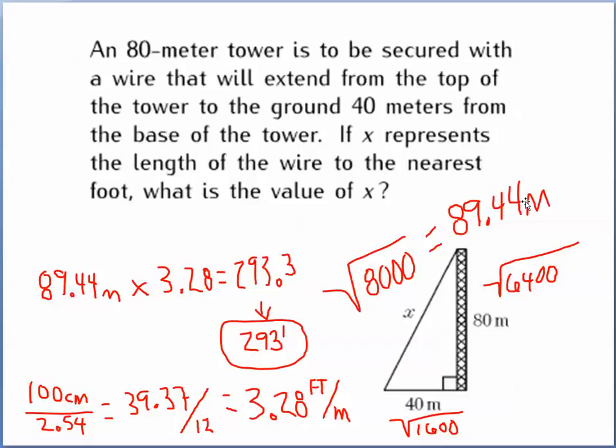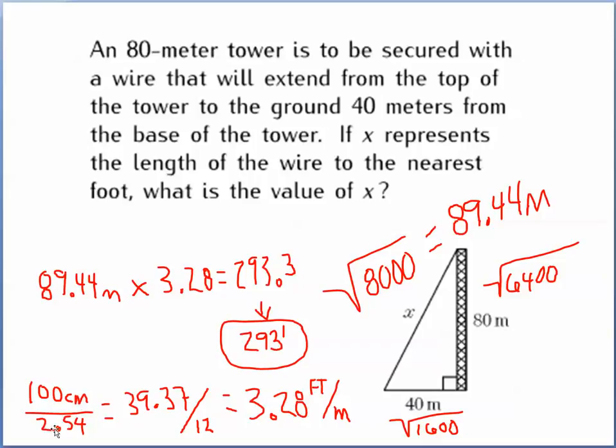So first of all, you already know that a meter is a little bit more than a yard, and a yard is 3 feet, so you know that you're going to be looking for an answer somewhere in the neighborhood of 270, simply because 3 times 90 is going to be 270.